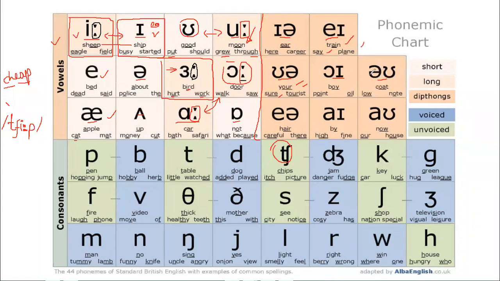We have coat, low, note. Then we have hair, like hair, careful, there. Then we have I, like in buy, high, fine. Then we have ow, like now, our, and house. So these are the diphthongs. Diphthongs are a combination of vowels.